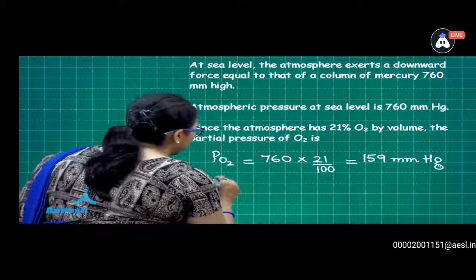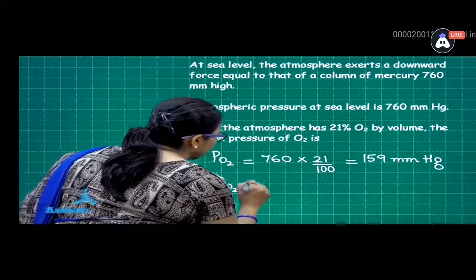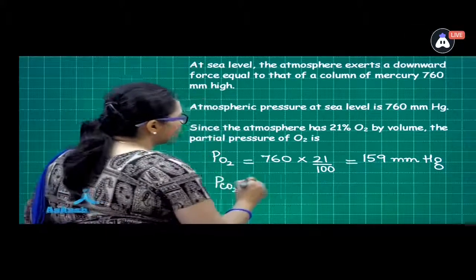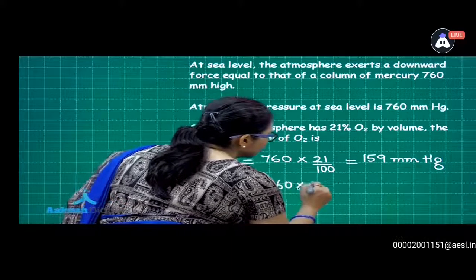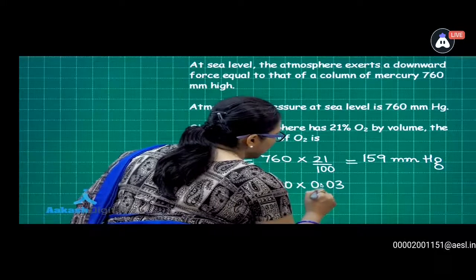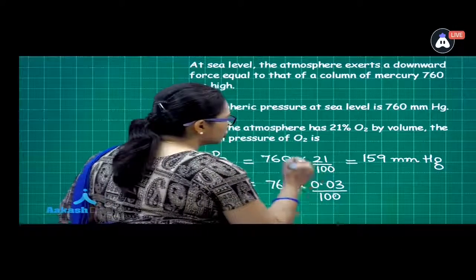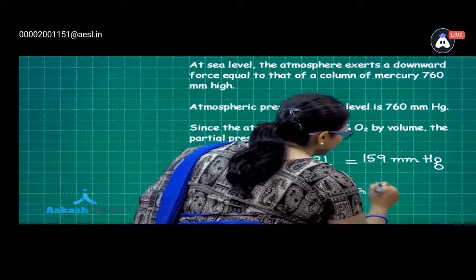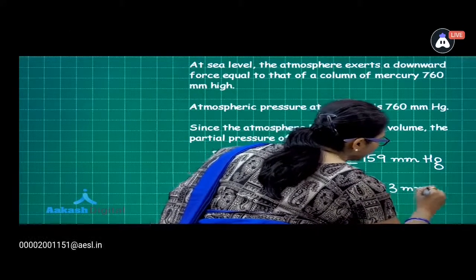Similarly, we can calculate the partial pressure of carbon dioxide. Now carbon dioxide in the atmospheric air is about 0.03%. So this on calculation will give us 0.3 mm of mercury.